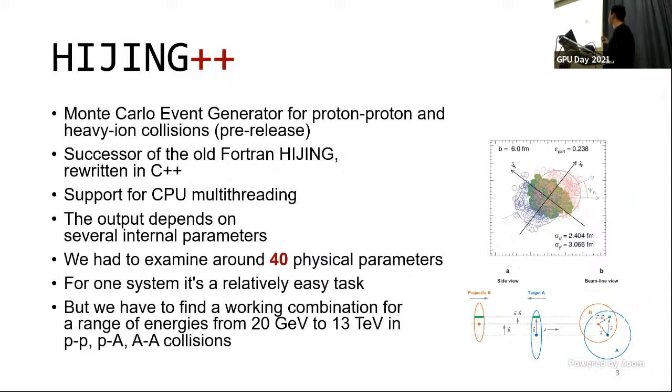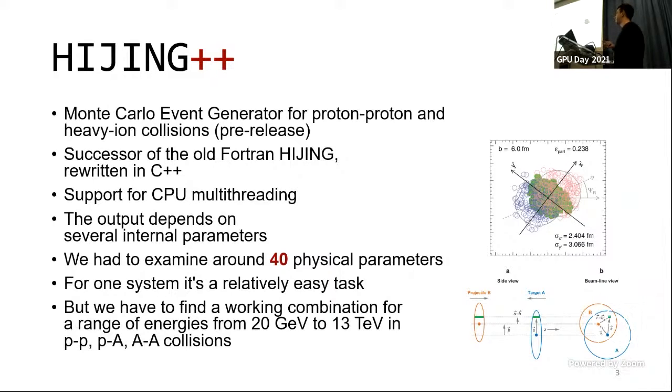It's a collision of two nuclei, and in the lower part you can see a global model of the two nuclei colliding, which is used to calculate several geometric quantities. It's a very intricate and complex system, and its output depends on several internal parameters.